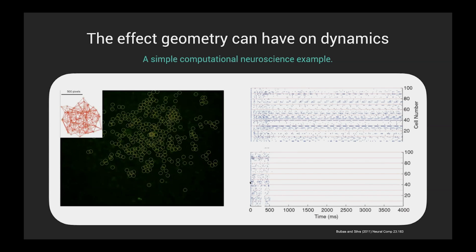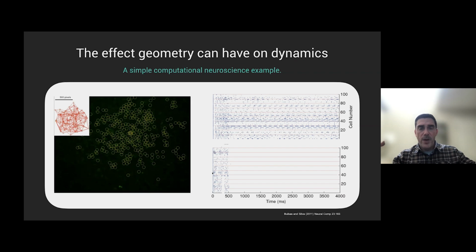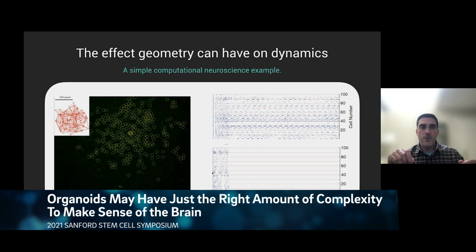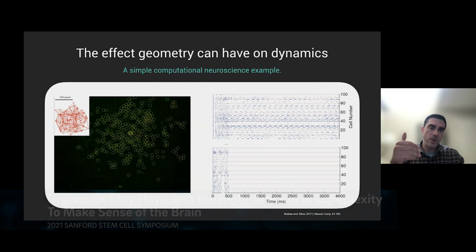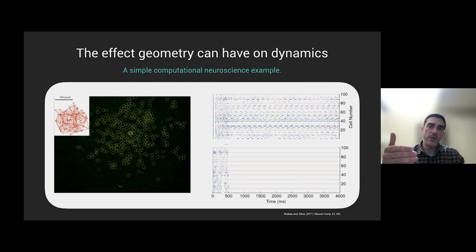It's actually intuitive to explain in words. You have this geometric network. We drove the network externally for the first 500 milliseconds, and then we stopped the external stimulus and asked the question, how is this network able to sustain inherent recurrent activity?